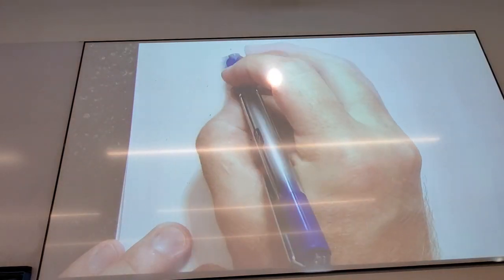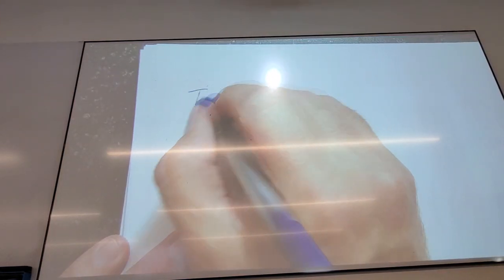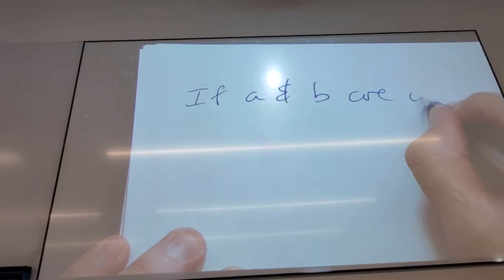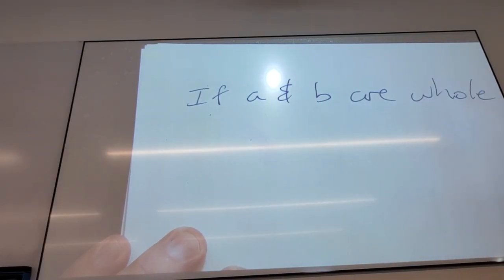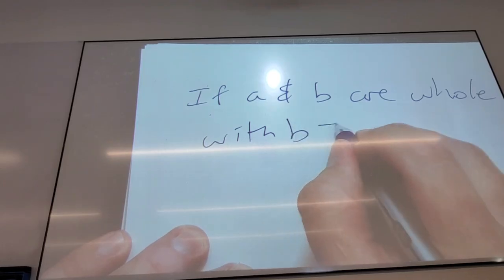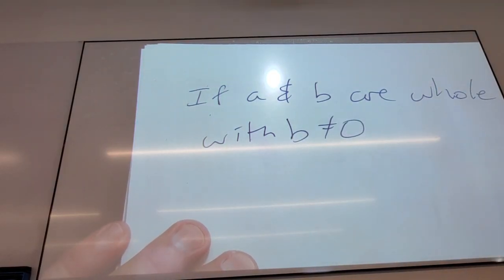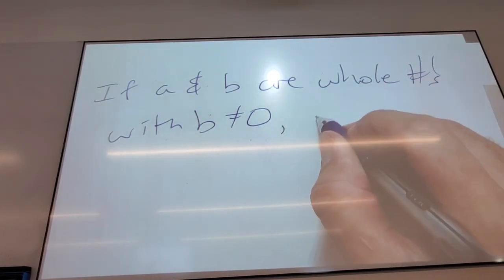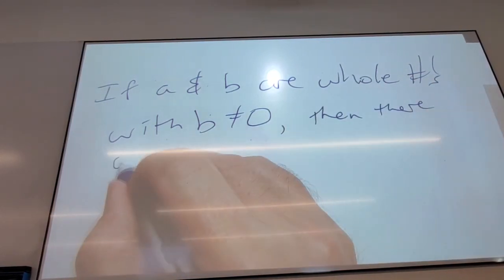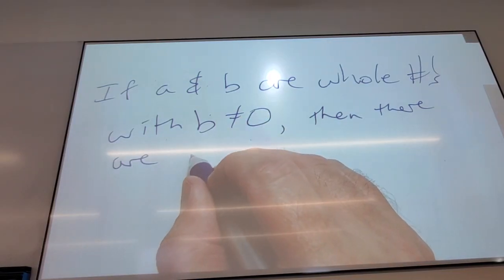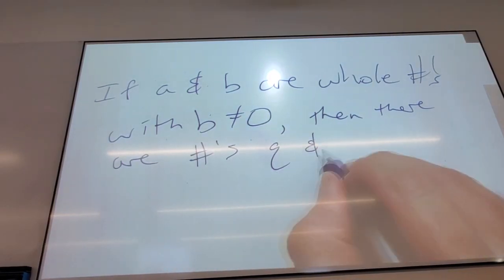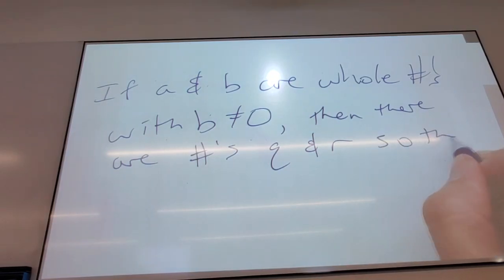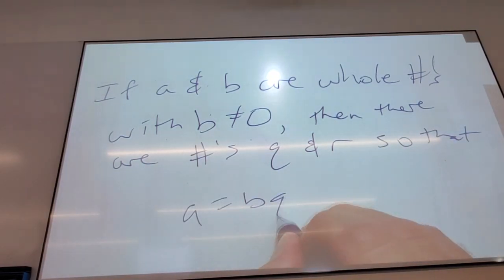Okay, coming back to the thing we did earlier. If a and b are whole numbers, any whole numbers, doesn't matter, but b can't be 0, then there are numbers we call q and r, so that a equals bq plus r.